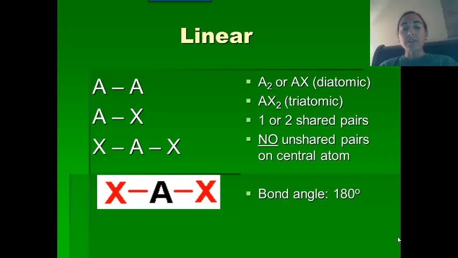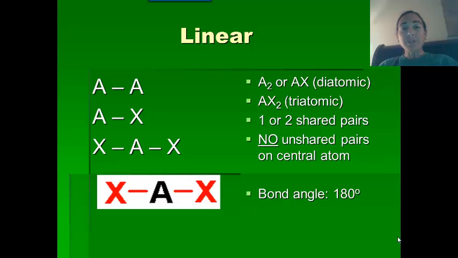If you look at the colored diagram on the bottom left of this slide, the element A is the central atom. You see how there are no unshared pairs there. Because of that, these 2 bonds are going to be as far away from one another as possible, and that's when they are 180 degrees apart. So a linear molecule has 2 or 3 atoms in it with 1 or 2 shared pairs and no unshared pairs on the central atom.